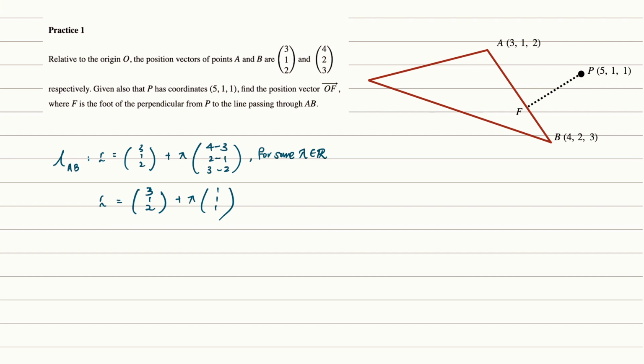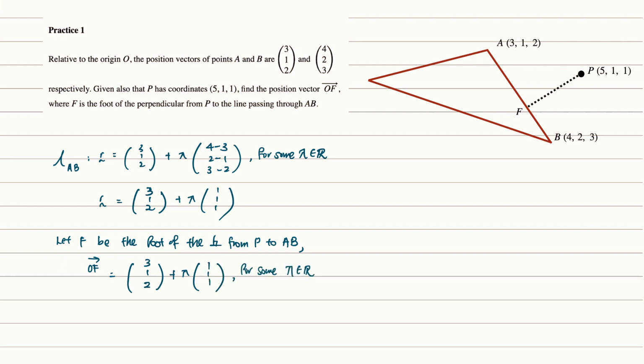Next, let F be the foot of the perpendicular from the point P to AB. Now OF actually lies on the line AB, so the generic position vector of OF is equal to (3, 1, 2) plus lambda (1, 1, 1) for some values of lambda.